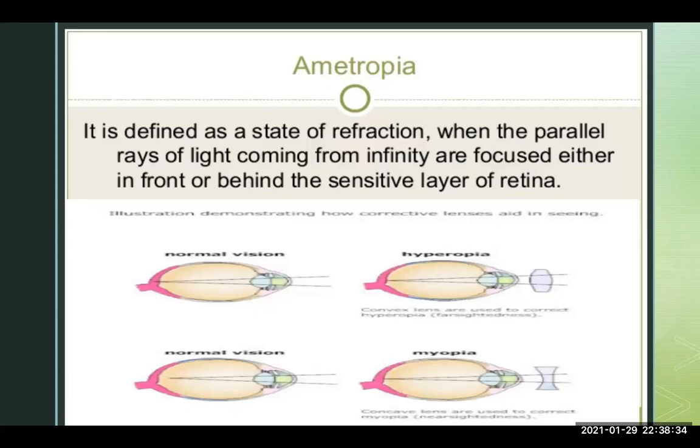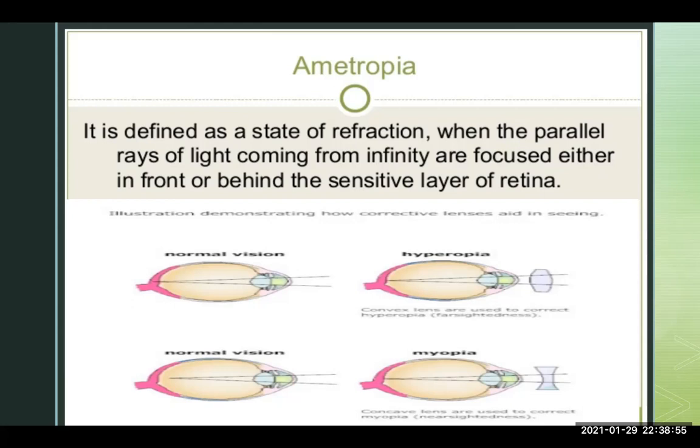So we are going to show the ametropia, causes and types. Ametropia is a state of refraction when the parallel rays of light coming from infinity are focused either in front of or behind the sensitive layer of the retina.